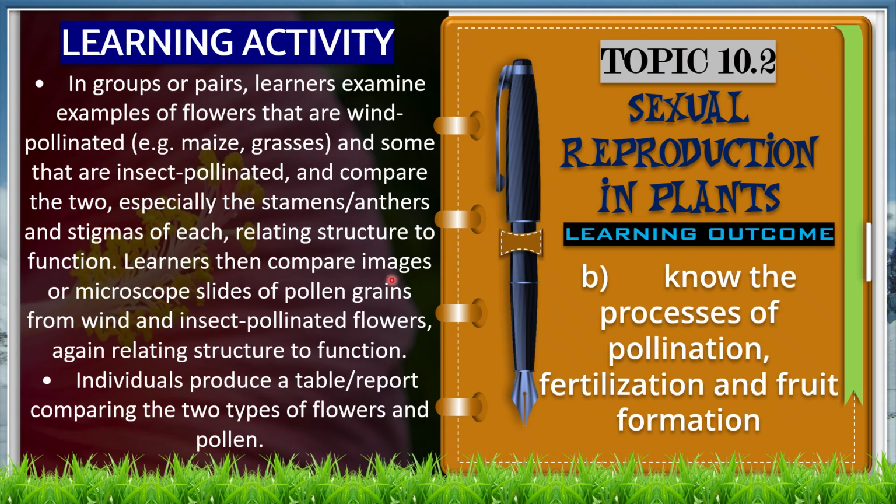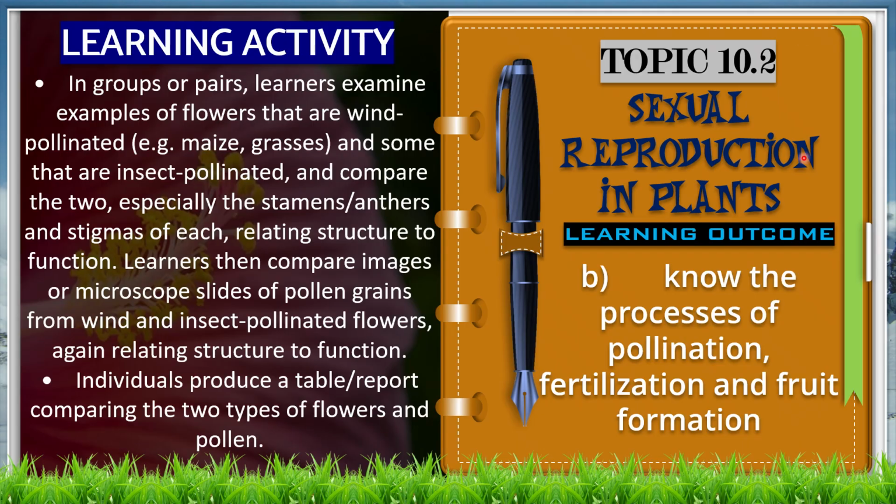Learners then compare images or microscope slides of pollen grains from wind and insect pollinated flowers, again relating structure to function. Individuals produce a table or a report comparing the two types of flowers and pollen.